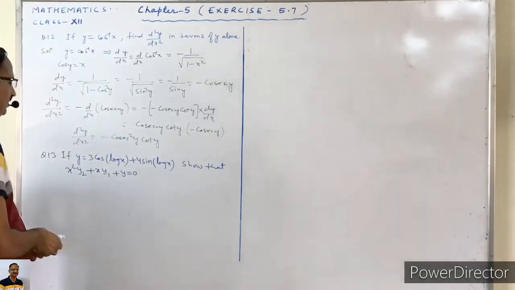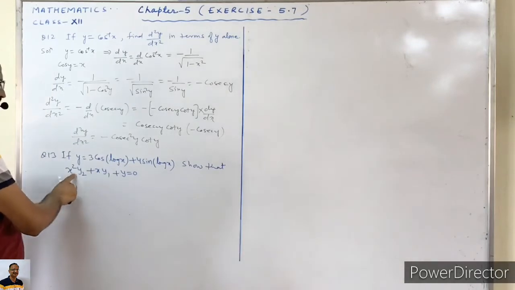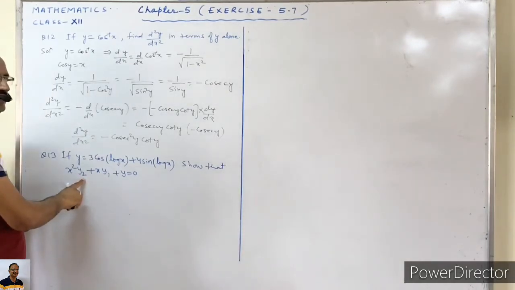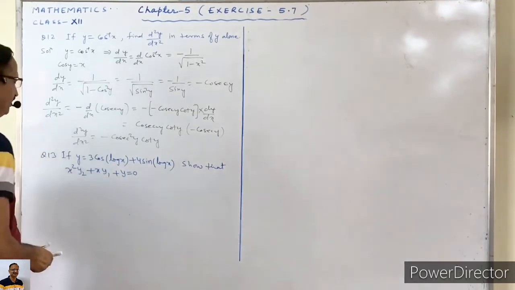So this function y is given and we have to prove that x square y2, y2 means second order derivative, plus x y1, y1 means first order derivative, plus y equals to 0.